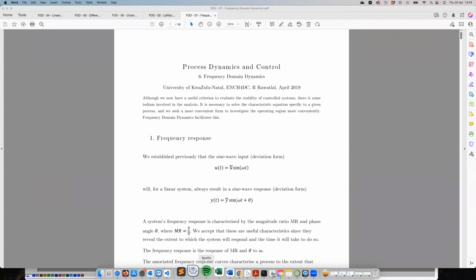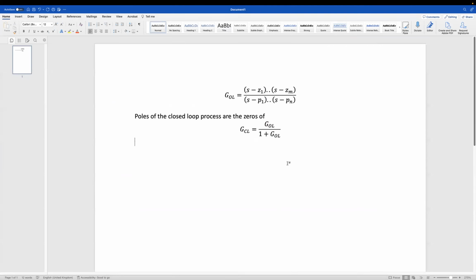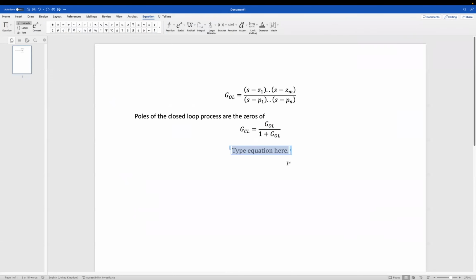We can state it more symbolically. So if we have our u function, so let's say the input looks like this: u of t equals u bar times sine of omega t.